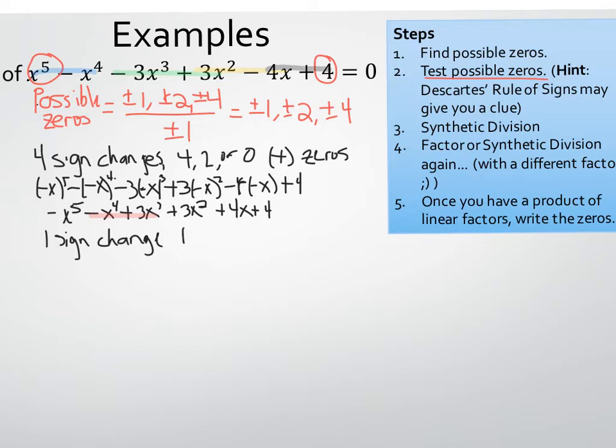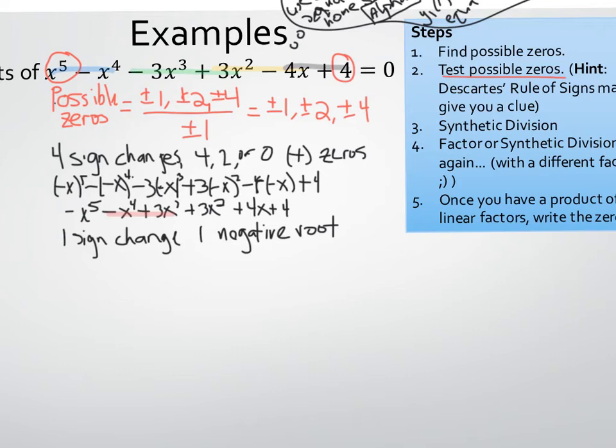So that means 1 negative root. So notice what we're going to do is we're going to use those 4, 2, or 0 positive zeros and 1 negative 0 to find zeros.